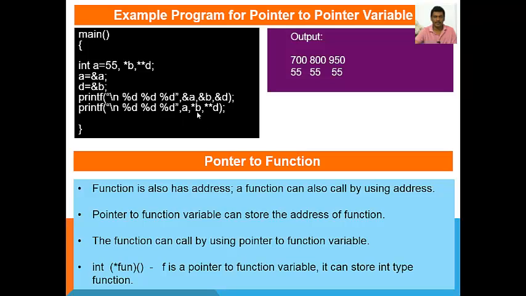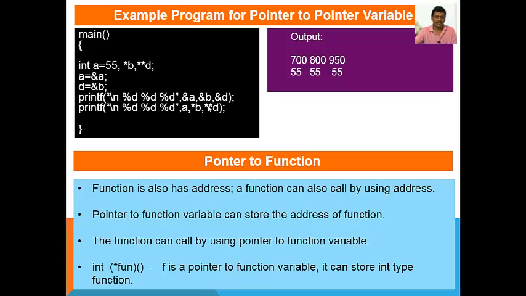Just b refers to 700. If we put star b, the value at 700 is 55. What is d? d is 950. It stores the address of b. So d is 950, and star d refers to the value at 950, which is 800.